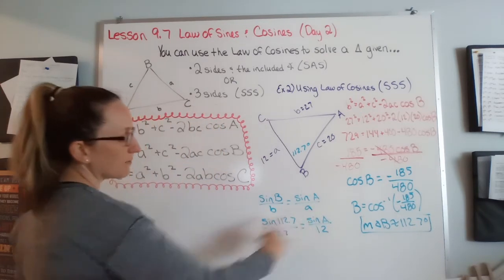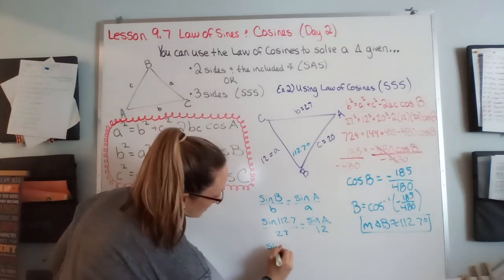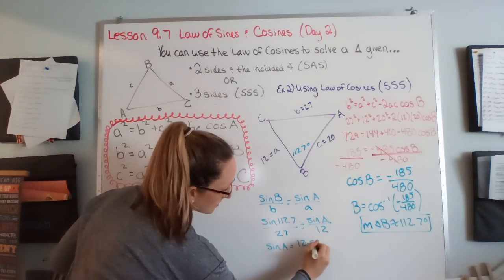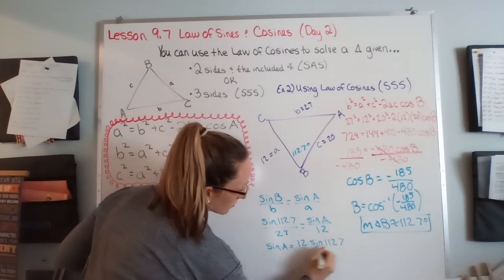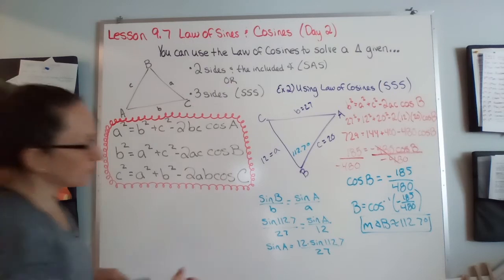You're going to multiply both sides by 12. So sine of A is equal to 12 times sine of 112.7 over 27. And then take the inverse sine of both sides.